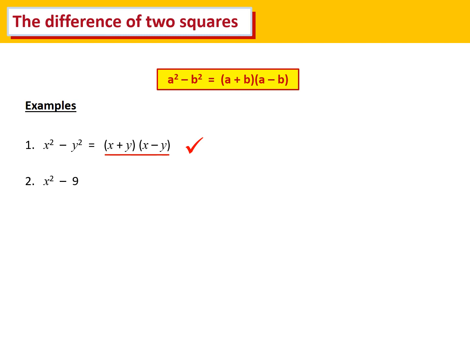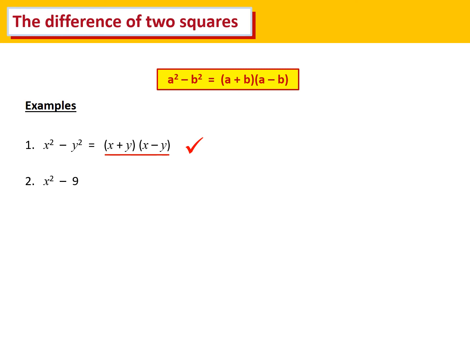Now just be careful here, because some students will immediately rush in and think x plus 9, x subtract 9. But 9 is not written at the moment in square form. 9 is just 9. But we know that 9 can be written in square form because it's a square number. So the first thing we must do is write the expression x squared minus 9 as something squared minus something else squared.